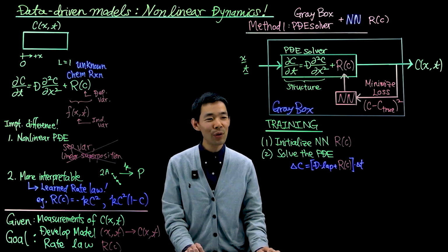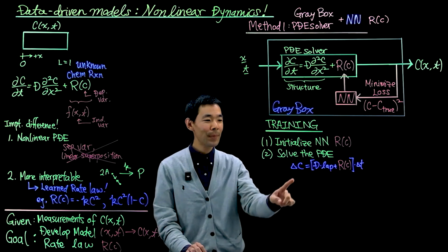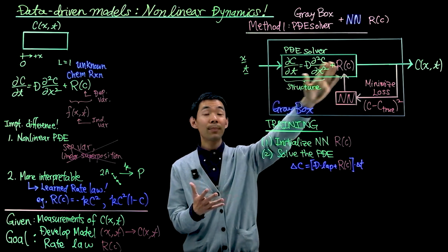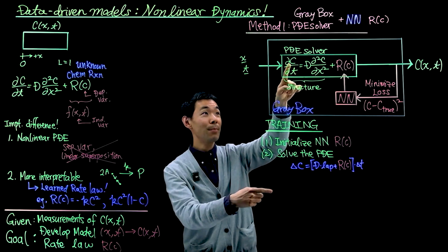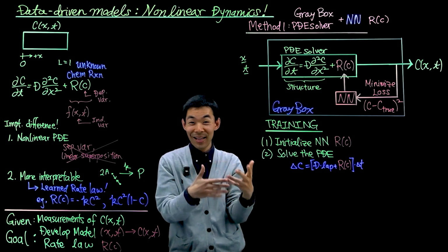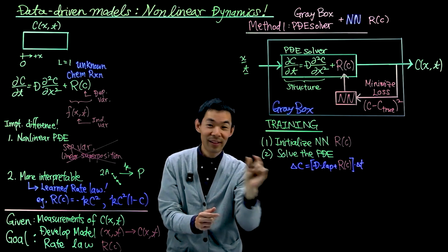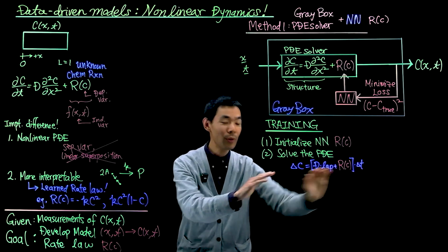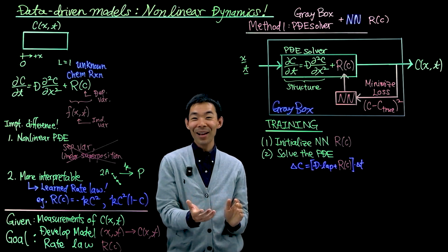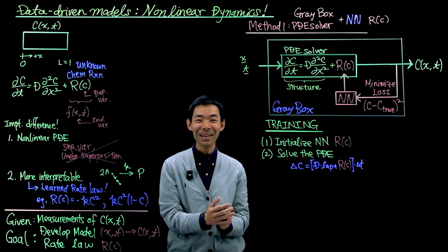So part 2 of the training cycle is to just actually solve this partial differential equation. So what we've done here is approximate partial c, partial t as the definition of the derivative, differential in c divided by differential in time. I just multiplied through by delta time, dt.